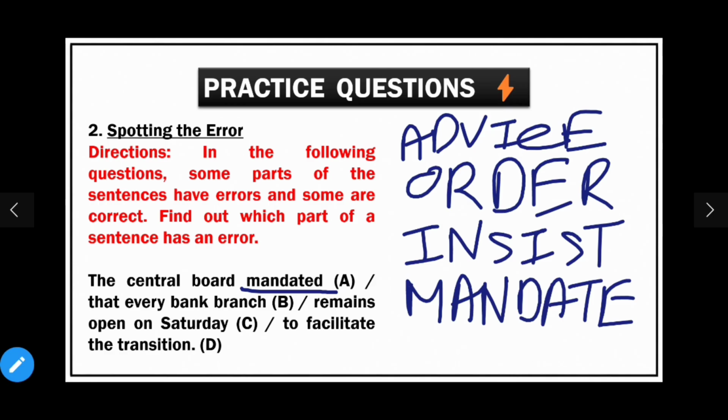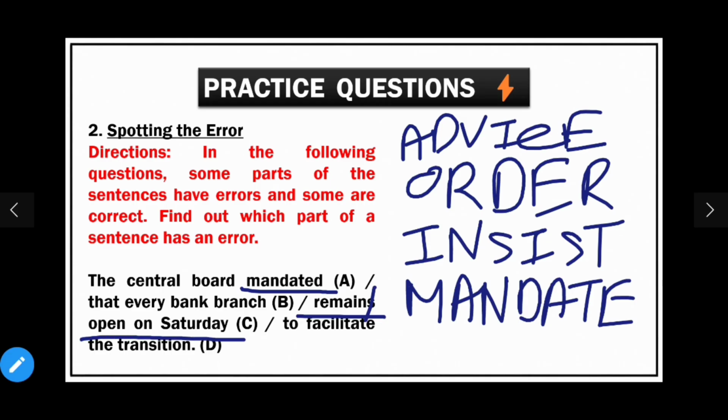Now we have to see whether the main verb in this sentence, that is, every bank branch remains. "Remain" is the main verb here, but unfortunately it has used "remains," which is not the basic form of the main verb. In subjunctive mood we have to use the V1 form of the main verb, that is only "remain." So this is the error we have to find out here.